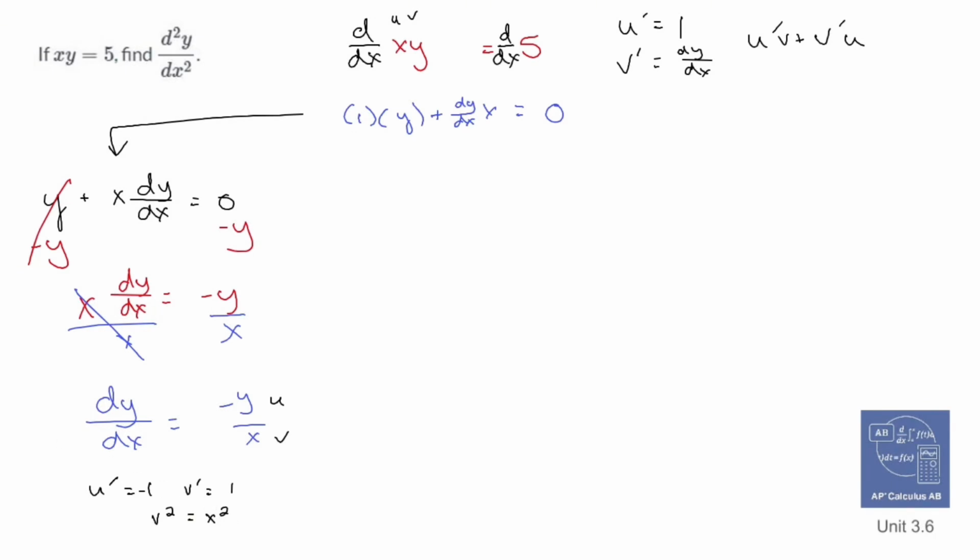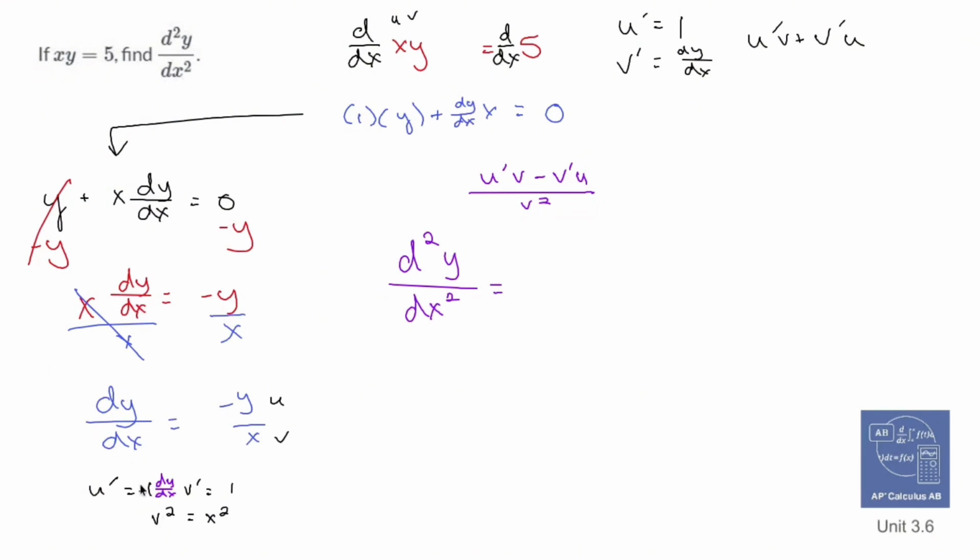So the quotient rule is u prime v minus v prime u all over v squared. So d squared y over dx squared, the second derivative, is going to be, oh, did I forget something? I did. When I took the derivative of u, I forgot to attach dy dx. That changes quite a bit. All right, we're good now.